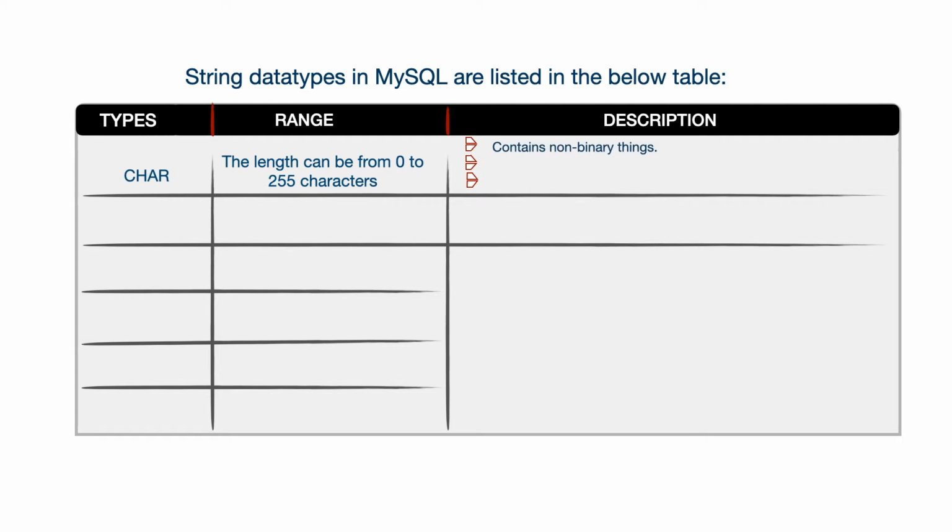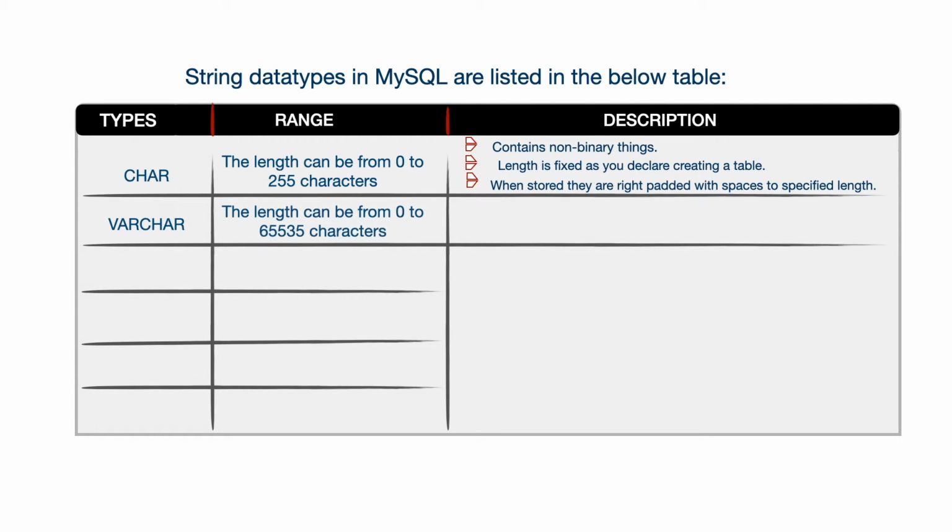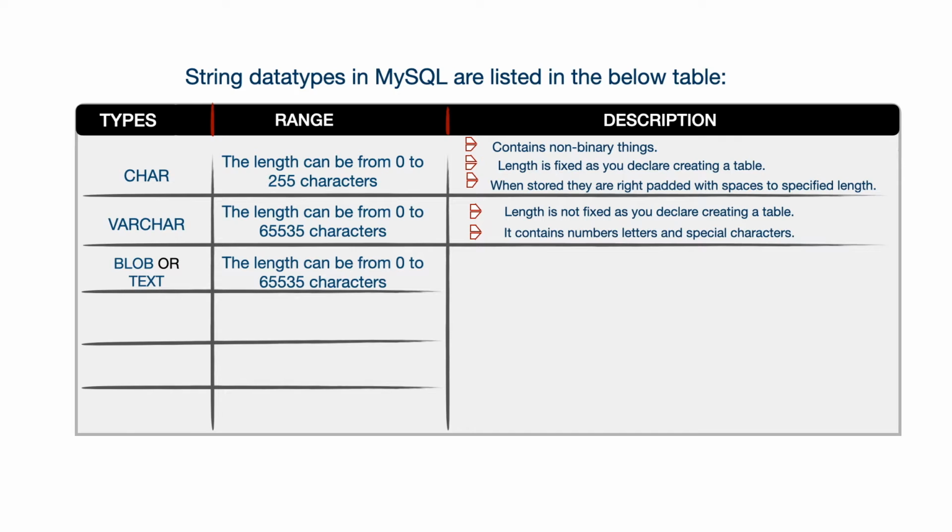First we will start with the first data type, character. The range for character data type is 0 to 255 characters. In the description, it contains non-binary strings, and the length is fixed as you declare when creating a table. When stored, they are right padded with spaces to the specific length. And the next data type is varchar.